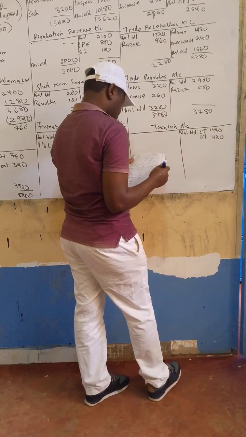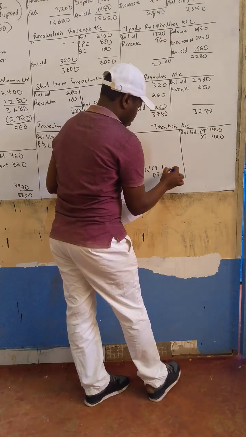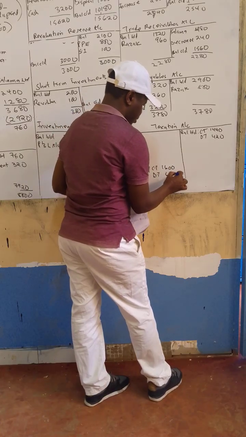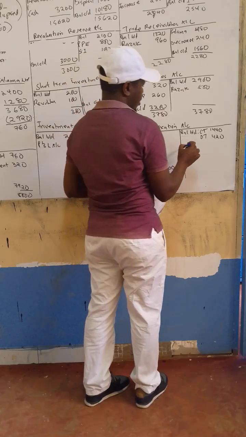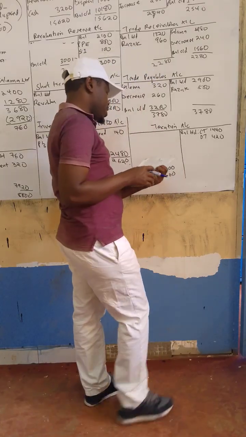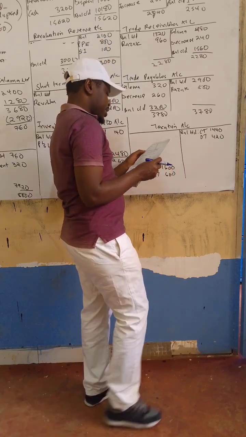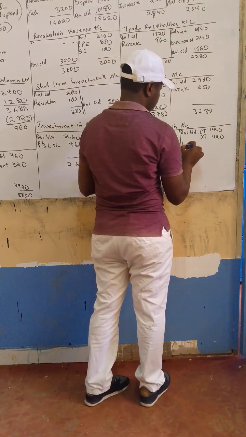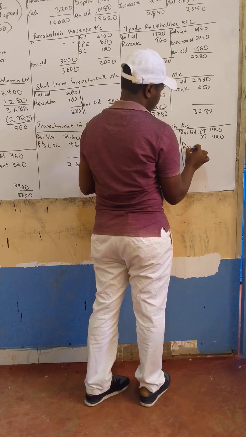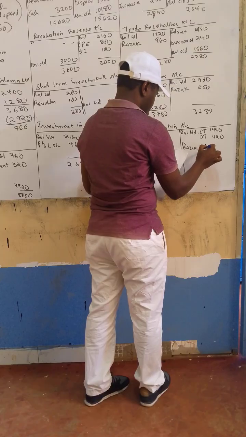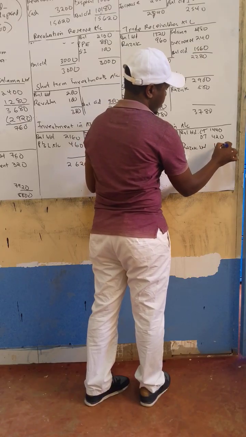Current tax on the other end was 1600 and deferred tax was 600. And then of course let's look at whether the company came with a tax liability. Razak came with a tax payable, a tax liability of 160.